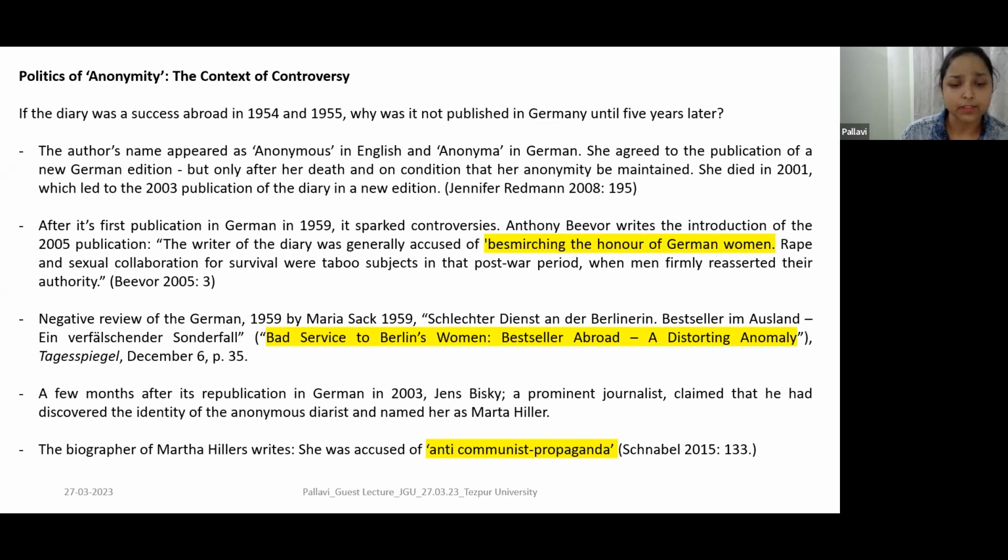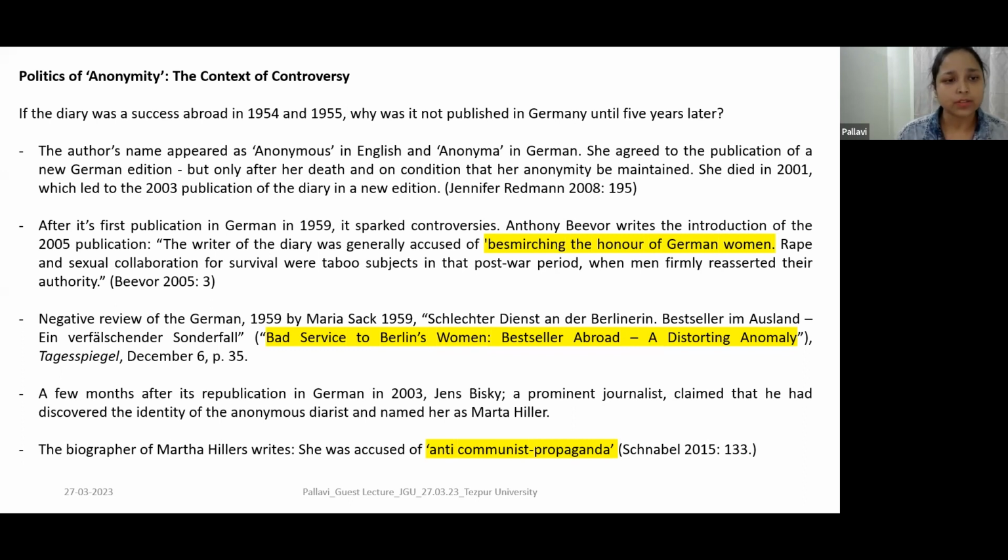If the diary was a success abroad in 1954 and 1955, why was it not published in Germany until five years later? That is the main question here. The author's name appeared as Anonymous in English and Anonyma in German in 1959, and the author agreed to the publication of the new German edition only after her death and on condition that her anonymity be maintained.